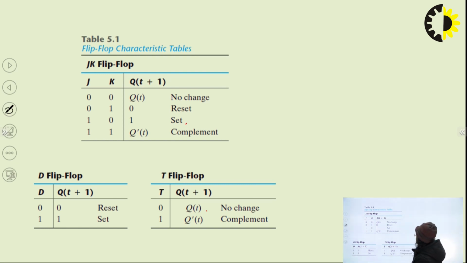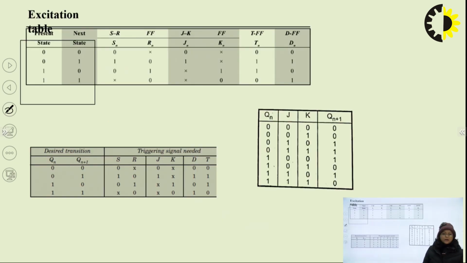For example, if we talk about JK flip-flop and use its characteristic table, we write all the combinations of present state and next state, that is 0, 0, 0, 1, 1, 0, 1, 1. What are the possible input combinations of JK for which output is no change?